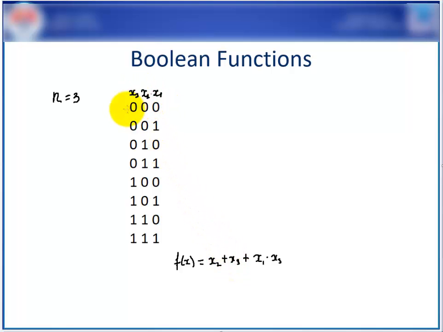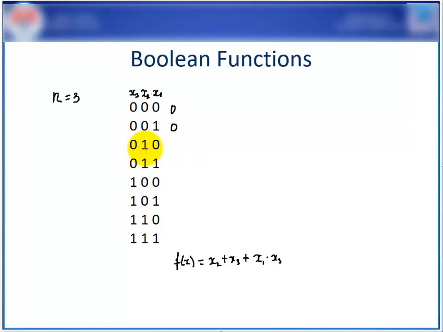If we have all 0 inputs, then we are going to have a 0. If we have values of 0 for x2 and x3 and 1 for x1, then we are going to have 0 plus 0 plus 1 multiplied by 0, which gives us 0 again.